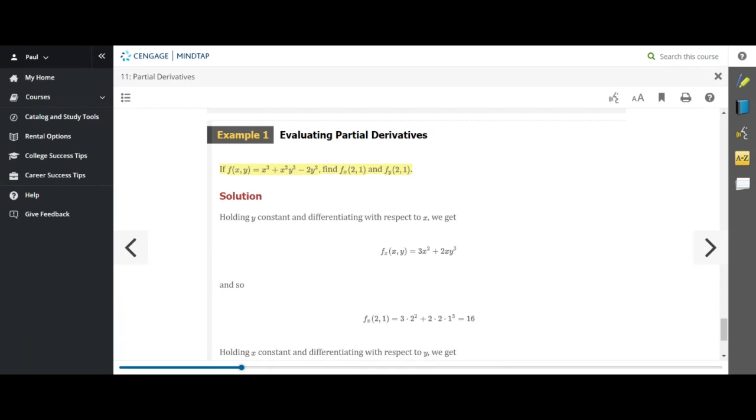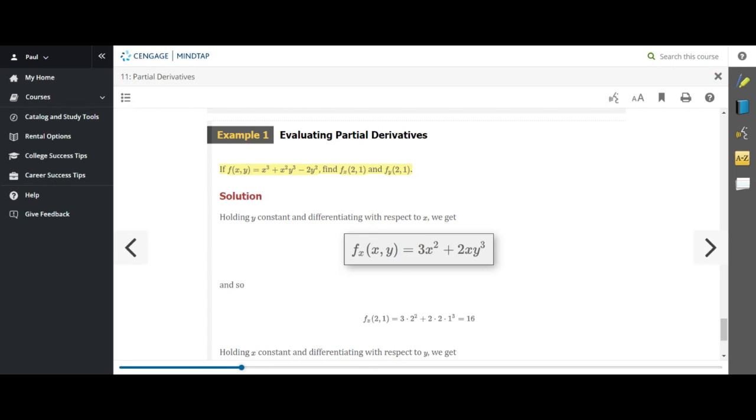Okay, so you see what they do here in the first part. You see how they treat the y like a constant.